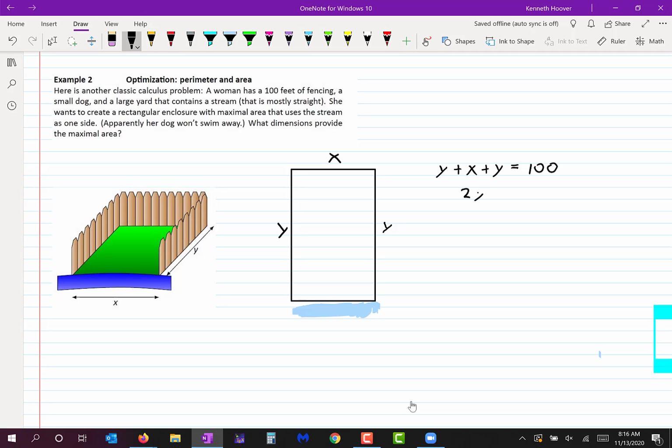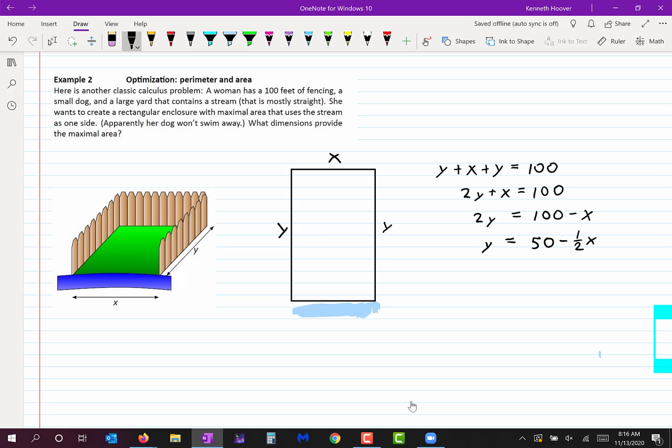So 2y plus x is 100, which means 2y is 100 minus x, which means that y is 50 minus 1/2 x.